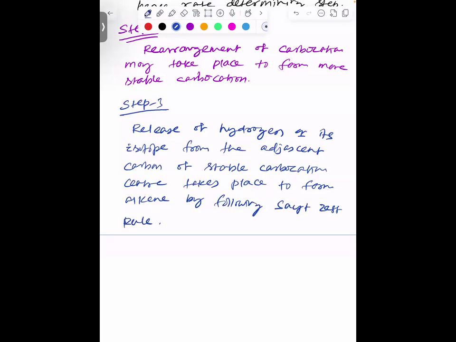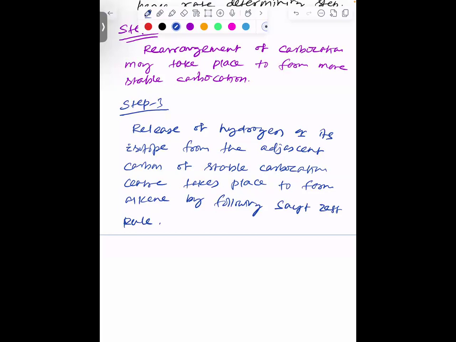Okay, by following Saytzeff rule. Note down: release of hydrogen or its isotope from the adjacent carbon of the stable carbocation center takes place to form alkene by following Saytzeff rule.